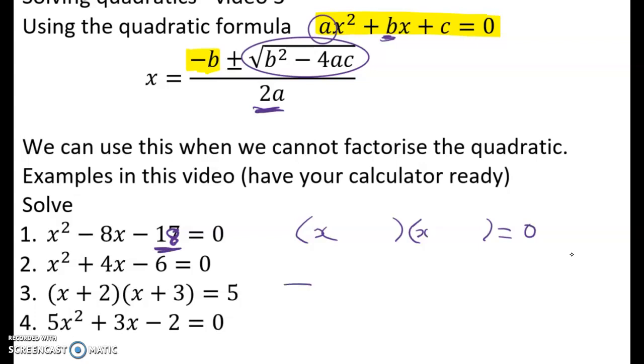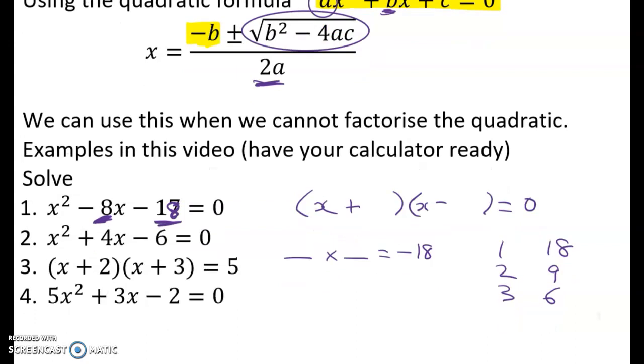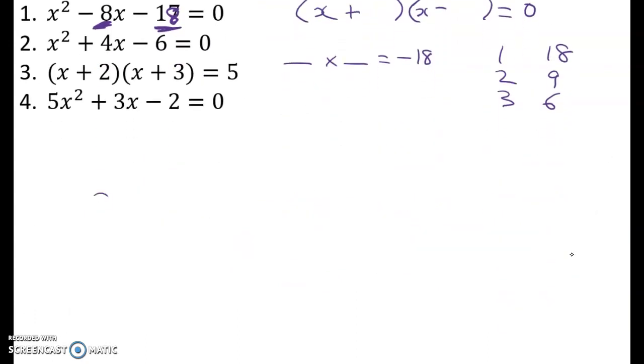So we want something times something equals negative 18, so we're going to have a plus and a minus, and we want the gap between those two numbers to be 8. So it doesn't work very well, right? I've got 1 and 18, 2 and 9, and 3 and 6. So from a quick look, you can see this isn't going to be a nice quadratic equation, so we're going to use it to practice the quadratic formula on. Let's look at how we set it out.